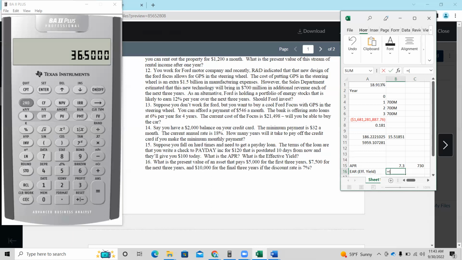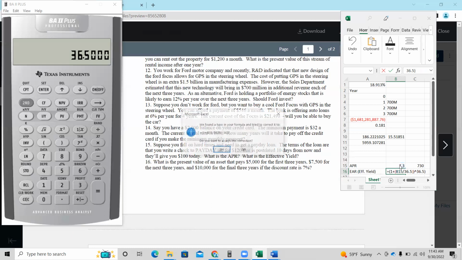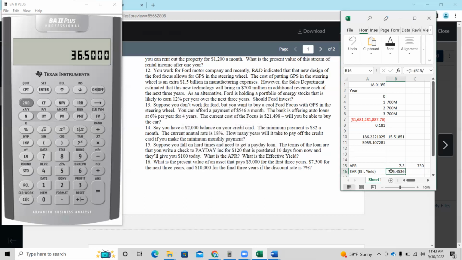I'm going to say this equals 1 plus the APR divided by 36.5, the number of compounds per year, raised to the power of 36.5. Sorry, I missed a parenthesis here. Once I do this, I'm going to subtract off 1.